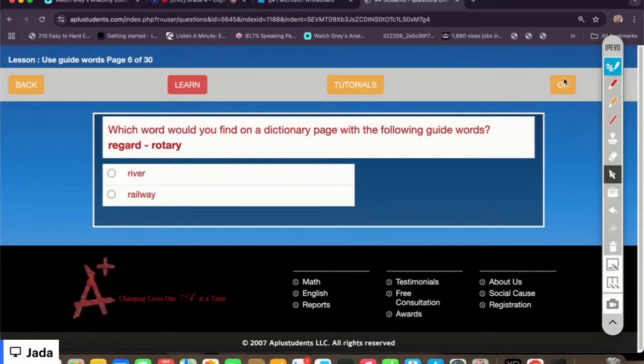All right, so can you find the word river or railway in between regard or rotary? So which of them can you find?